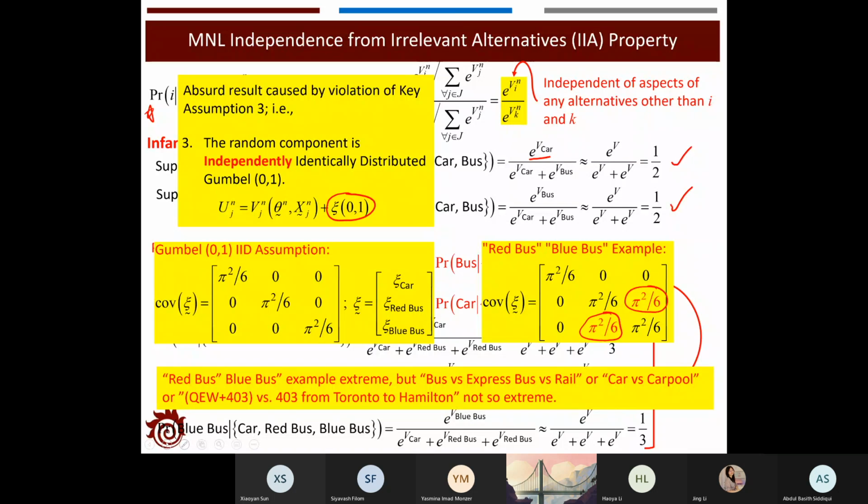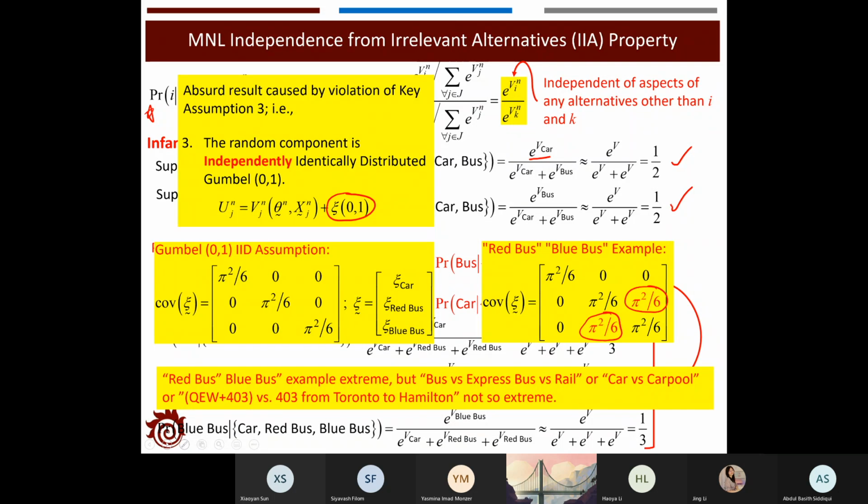These are three possible options, but the bus and the express bus are not independent of each other. So you cannot consider them as three independent modes in the multinomial logit model. And similarly, the car and carpool have some correlation with each other.